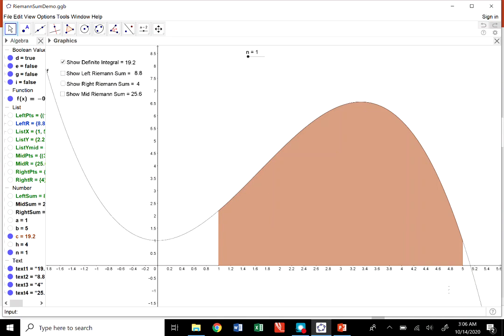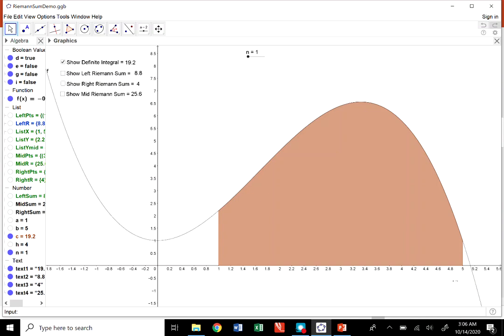And by the way, that's why I needed to talk about intervals, subintervals, and all kinds of things. All right, so what is the area under this weird looking curve on this interval 1 to 5? As you can see, that brown thing is the area that we need to figure out.